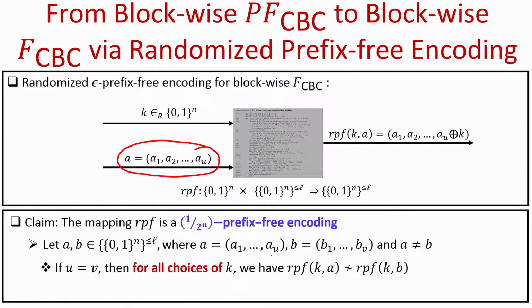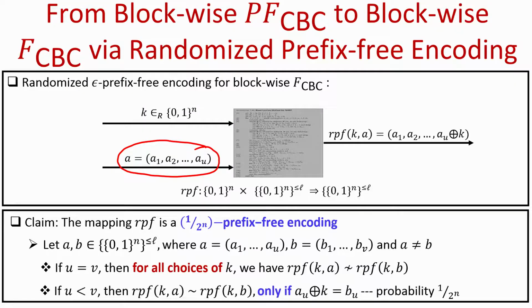First of all, notice that if the number of blocks in A and the number of blocks in B are same, and if A is not equal to B, then for every value of the key, definitely neither the encoded A will be a prefix of encoded B or vice versa, because when we do the encoding, all the blocks of A except the last block and all the blocks of B except the last block will be present in the respective encoded outputs, and the last block will be the XOR with respect to the key. So, definitely all of them will be different, neither will be a prefix of the other.